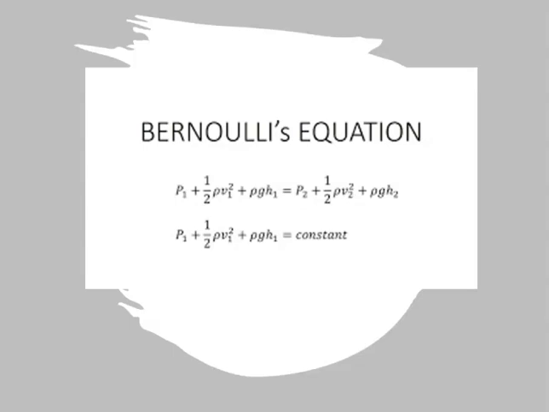Why is Bernoulli's equation important and what are its applications? For example, there's a high-rise building, let's say 20, 30, 50 stories, any number of stories. And we get water, let's say, from a supplier, and then after that they need a motor there.